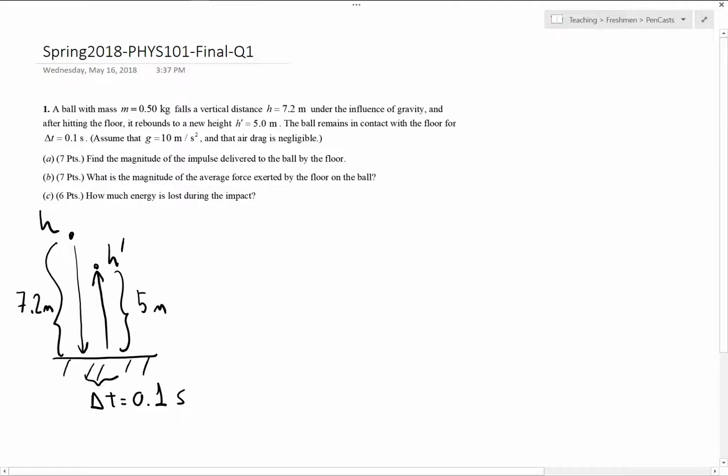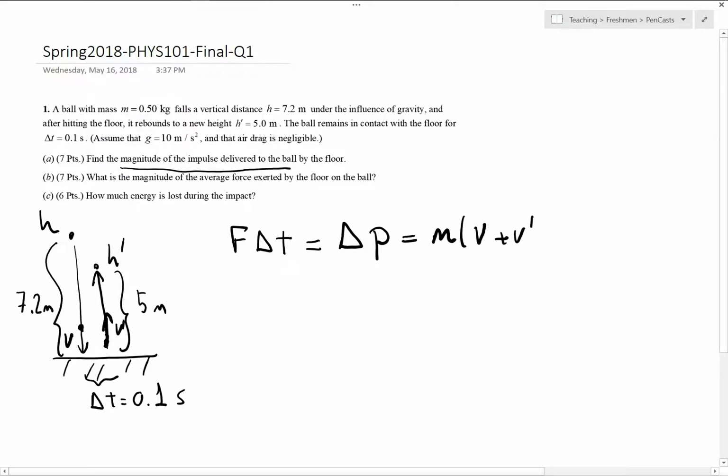Okay, so find the magnitude of the impulse delivered to the ball by the floor. So what do we actually need? We need the impulse. Impulse is F times delta t, right? But that's also equal to the change in the momentum of the ball. So if the ball hits with some velocity v and reflects back with velocity v prime, the magnitude of this is going to be m(v plus v prime).